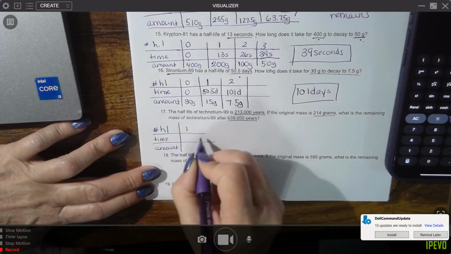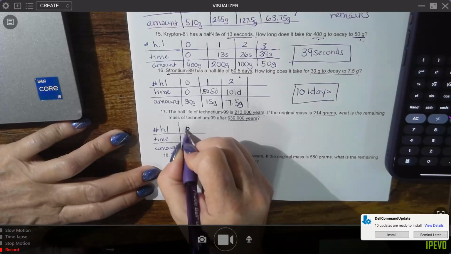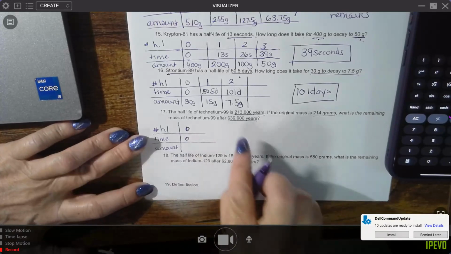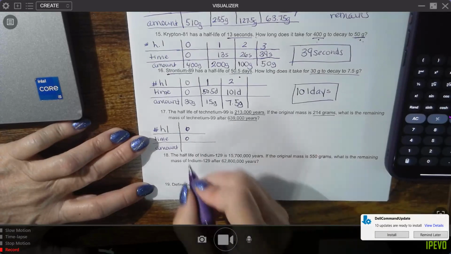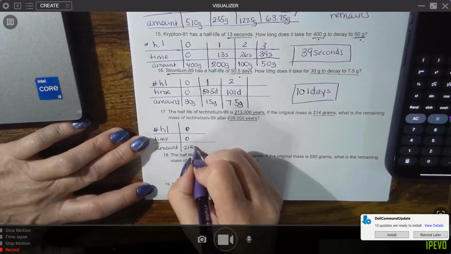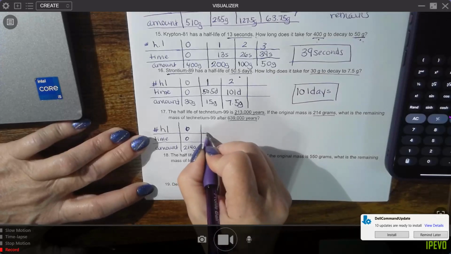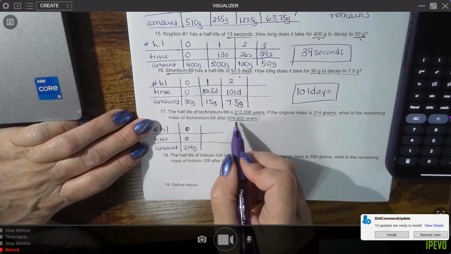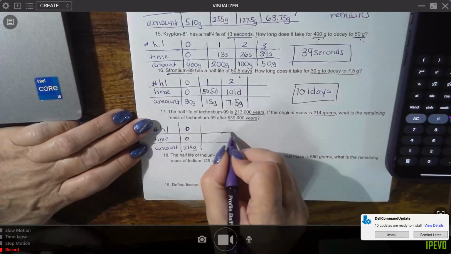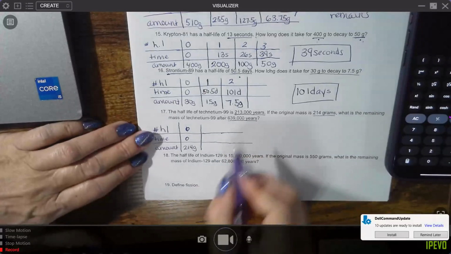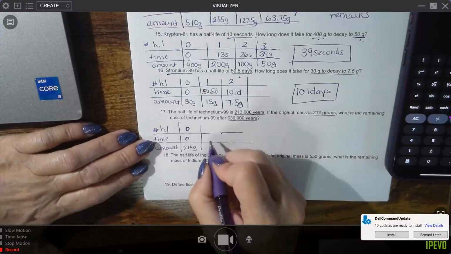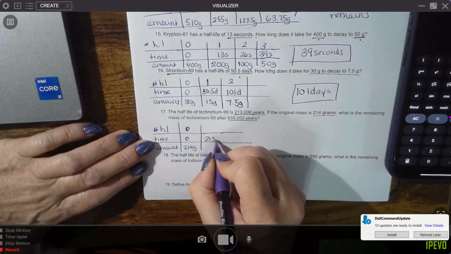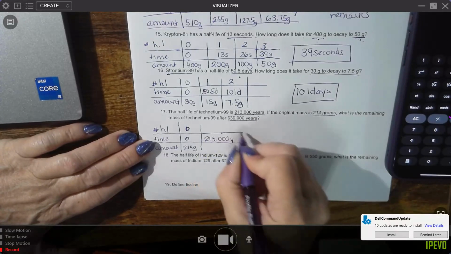All right, so at time 0, we start with 214 grams, and this is saying after 639,000 years, so we've got to figure out, one half-life is 213,000 years.